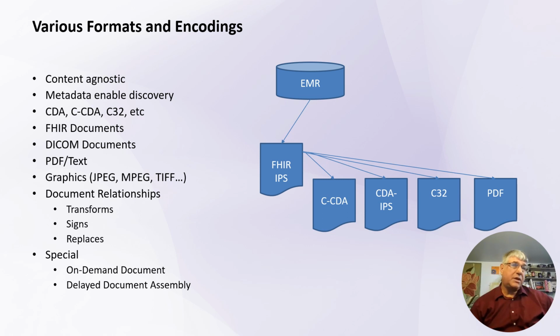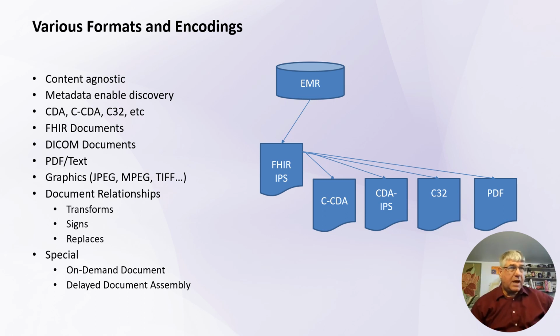As such, the FHIR document, like the IPS, can easily be communicated without any changes to the document sharing infrastructure. Including with this are any other kinds of formats like DICOM documents or PDF or JPEGs or TIFFs or even proprietary formats like maybe a Word document.